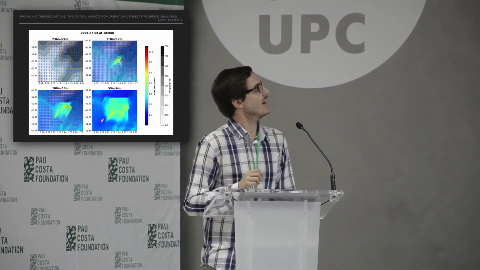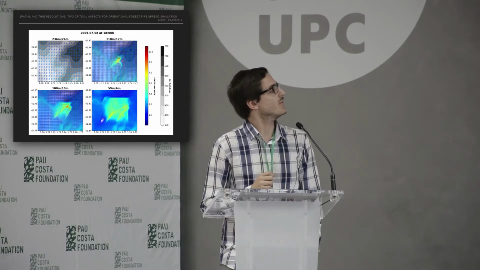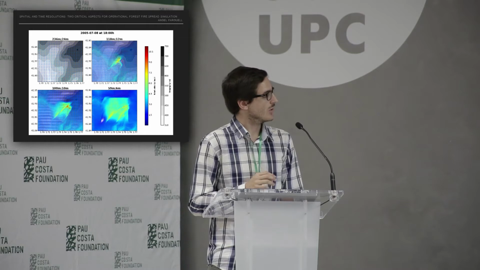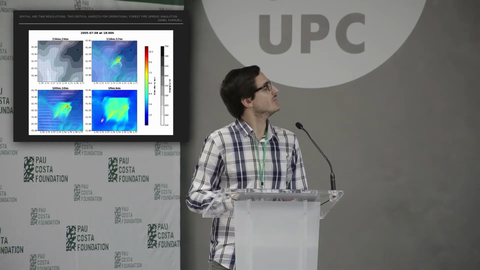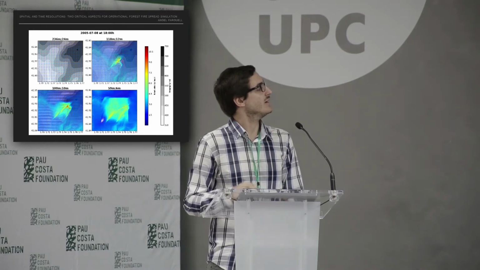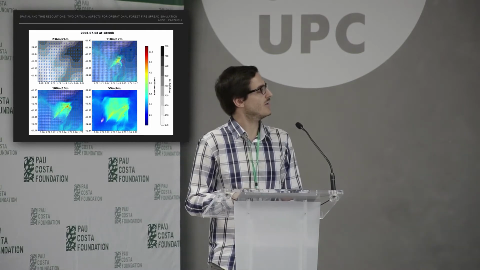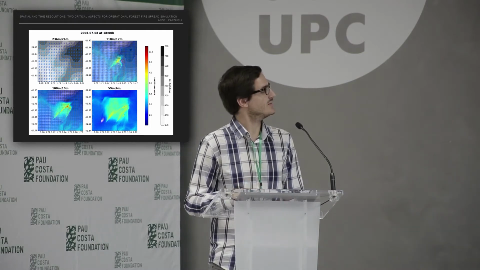Here we can see also a 3D representation of that, and we can see the velocity of the wind going up in the perimeter of the fire. So this is a wind produced by the fire itself.